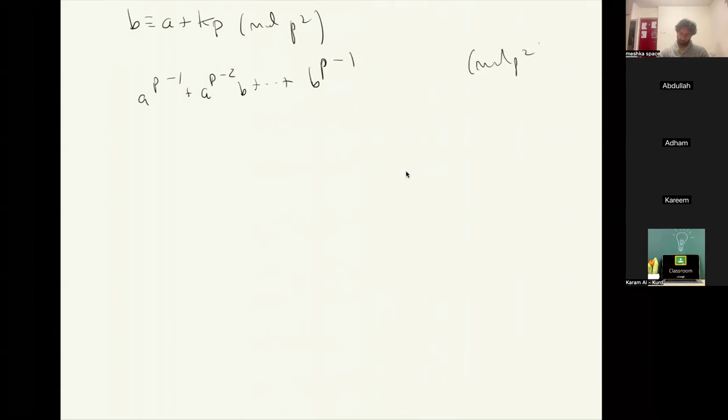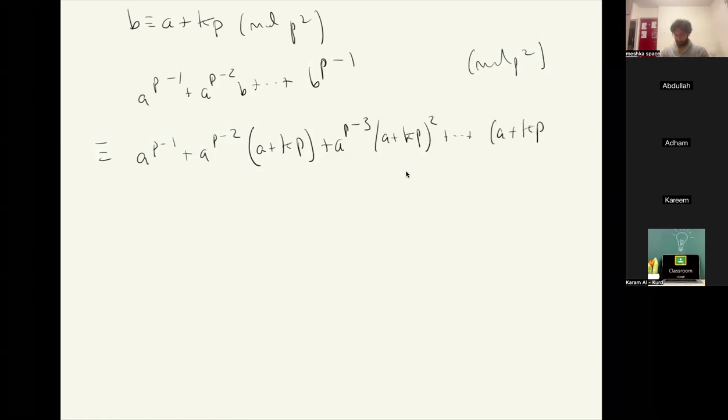So it's going to be a to the p minus 1 plus a to the p minus 2 times (a plus kp), then a to the p minus 3 times (a plus kp) squared, all the way to (a plus kp) to the p minus 1. And this is all mod p squared.